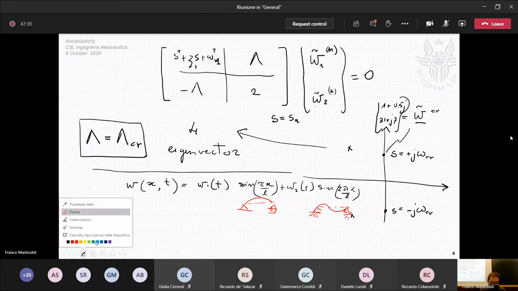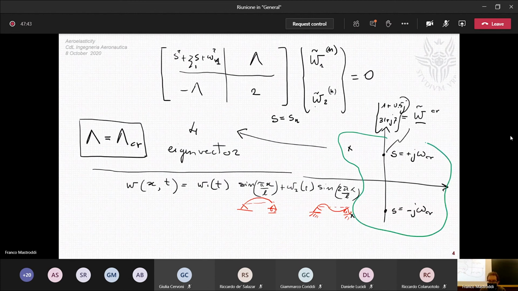In this situation, the free response giving W1(t) and W2(t) is equal to C1, which is the coefficient associated to the flutter, times W critical, the first pole here, the critical, by e to the power j omega critical t plus the complex conjugated.